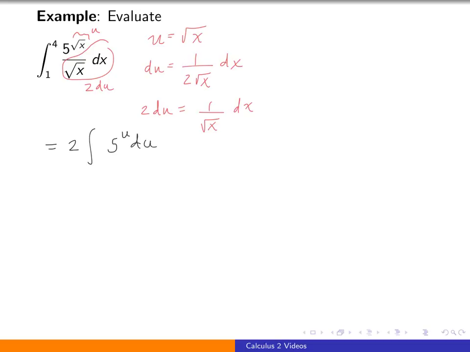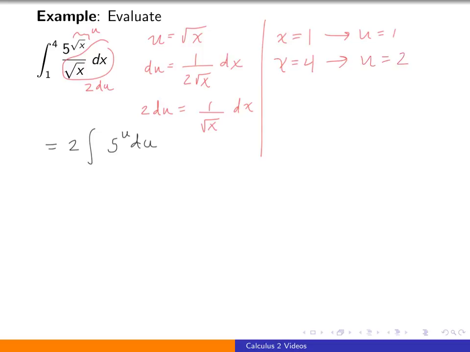So let's think about our limits of integration. We need to change these. In terms of x, the lower limit of integration is 1, and looking at our substitution, when x is 1, u is also going to be 1. So x equals 1 implies u equals 1. And for the upper limit, when x is 4, we have u as the square root of 4, which is 2.